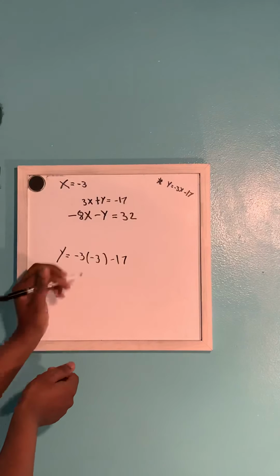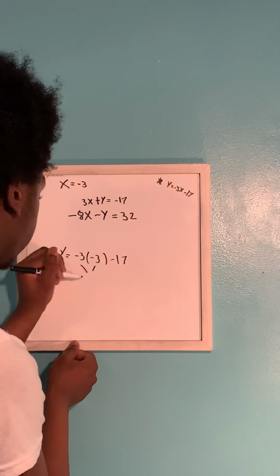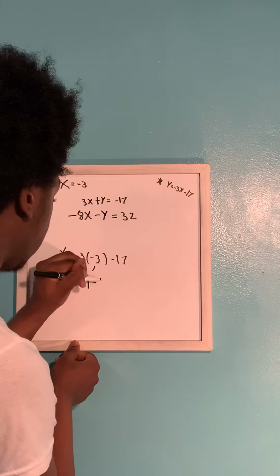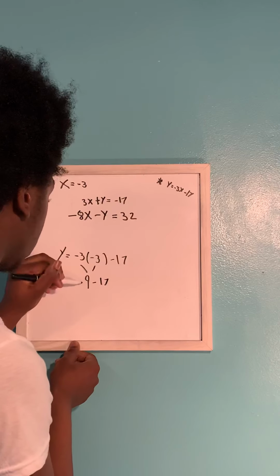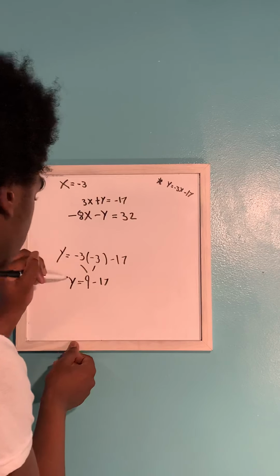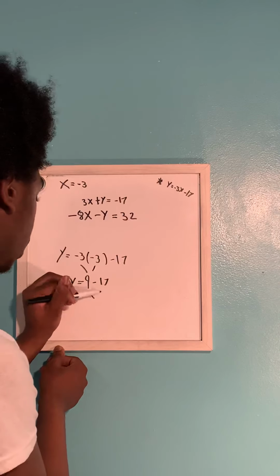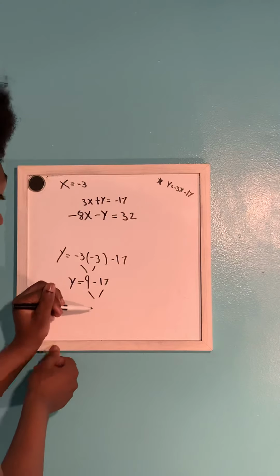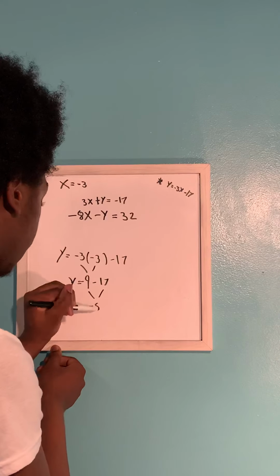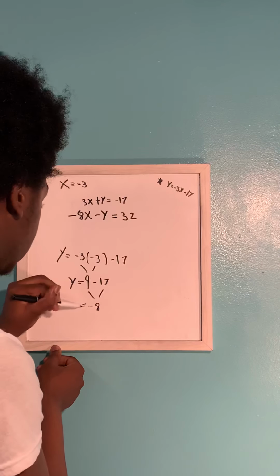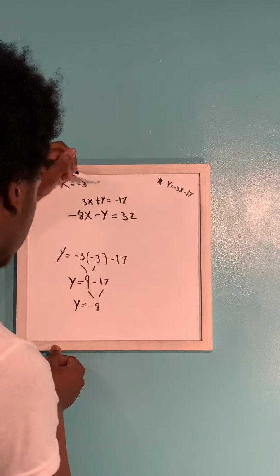Alright, so now we multiply, negative 3 times negative 3 is 9, minus 17 is equal to y. 9 minus 17 is negative 8. So y equals negative 8.